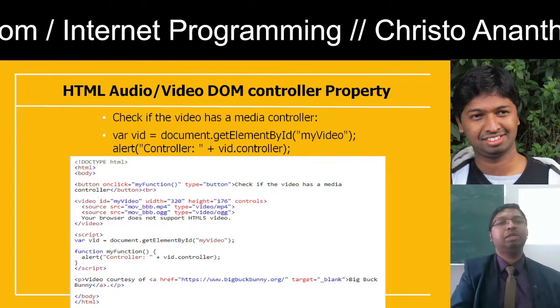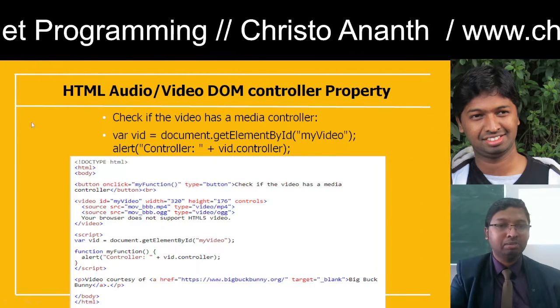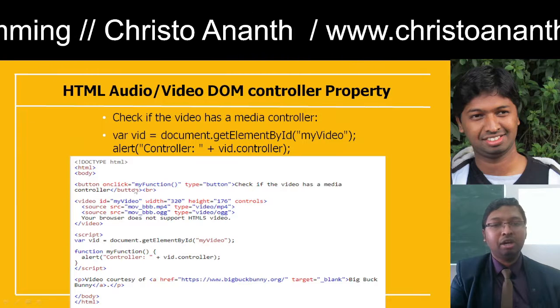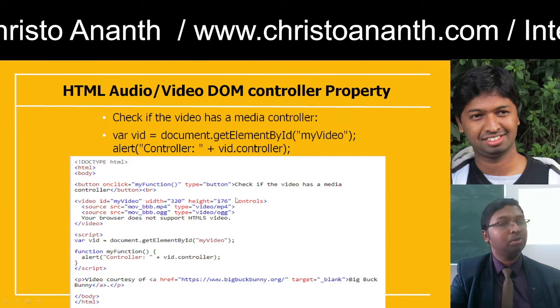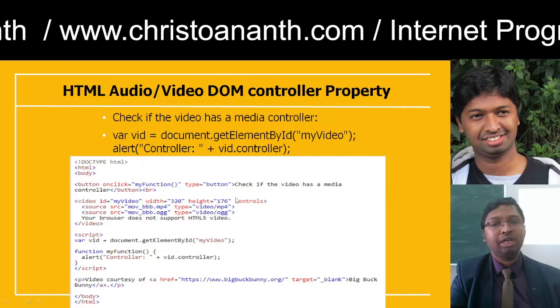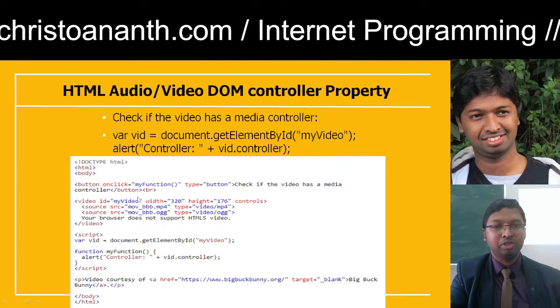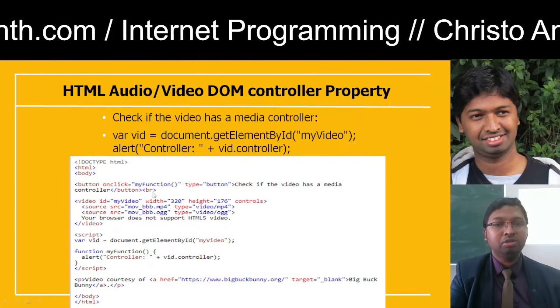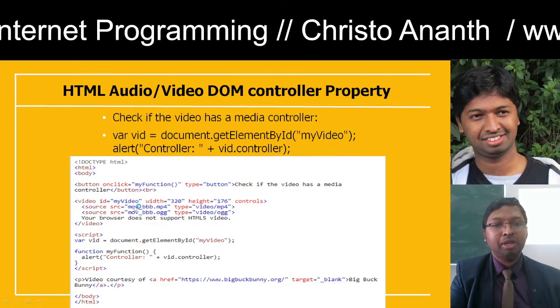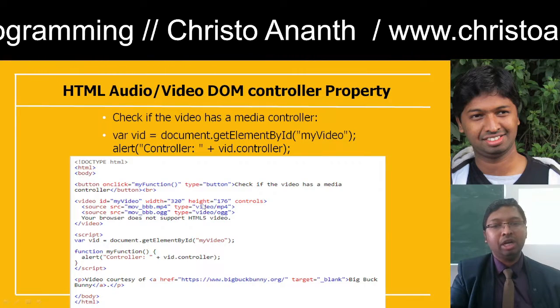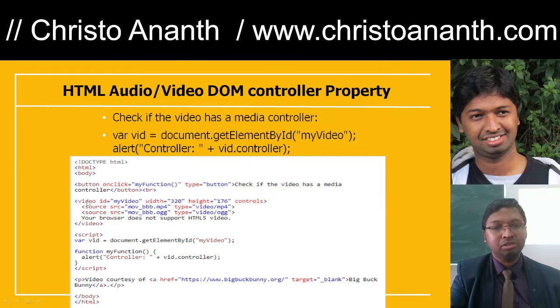So maybe in the HTML program, you specify doctype html, body, button onclick equal to myFunction, type equal to button. Check if the video has a media controller, that you are going to specify, and close the button. Then you go with a break, video id equal to myVideo, width equal to 320, height equal to 176, with controls.